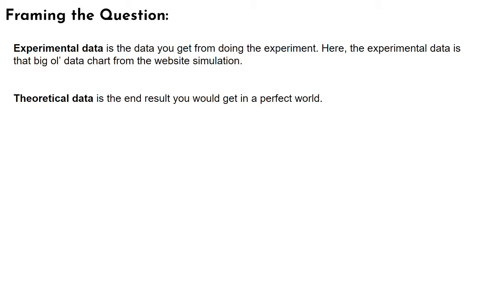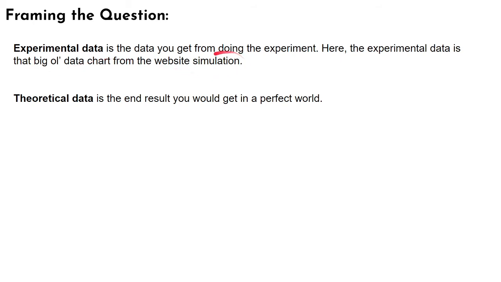So, experimental versus theoretical data. Experimental data is the data you get from doing the experiment. These are the actual numbers and values that you get from reading a ruler or a balance or other form of instrument. In this case, for our virtual lab, the experimental data is that big old data chart from the simulation.